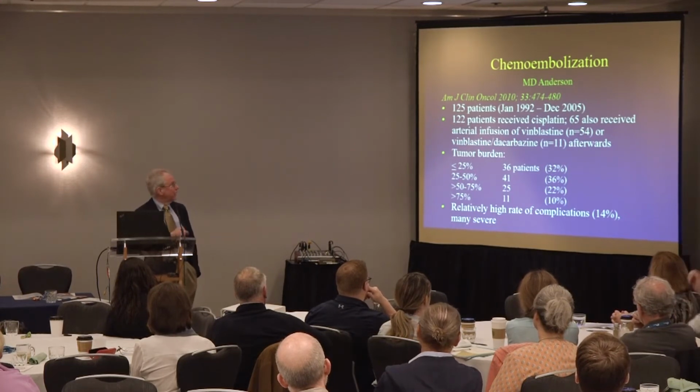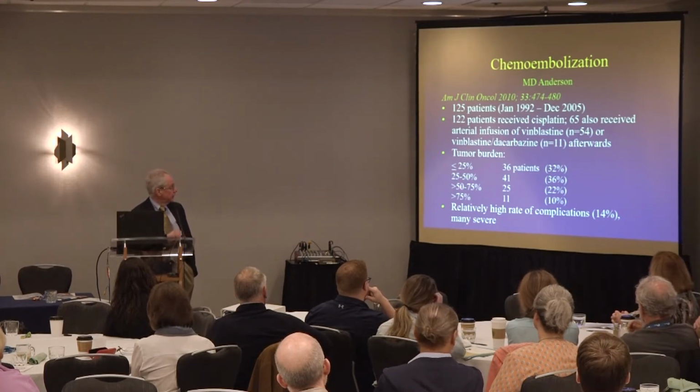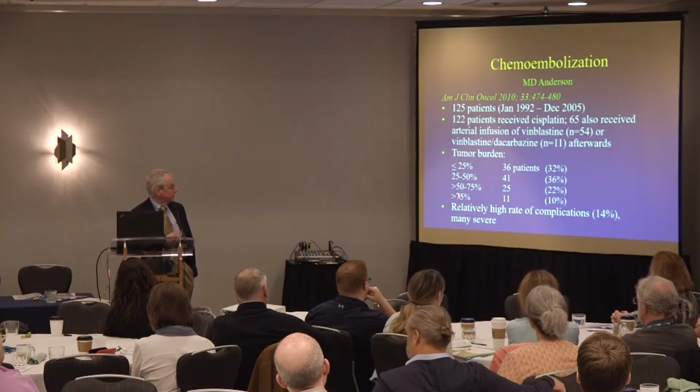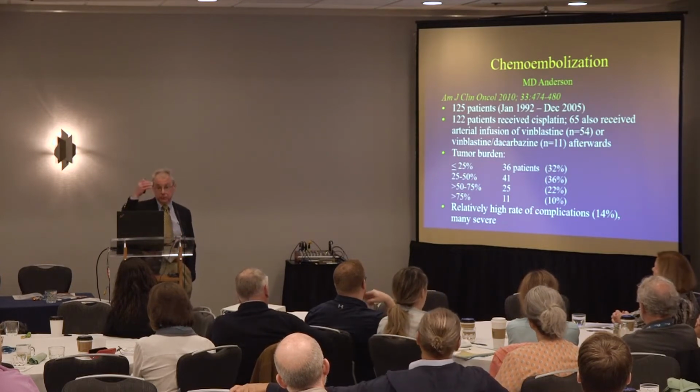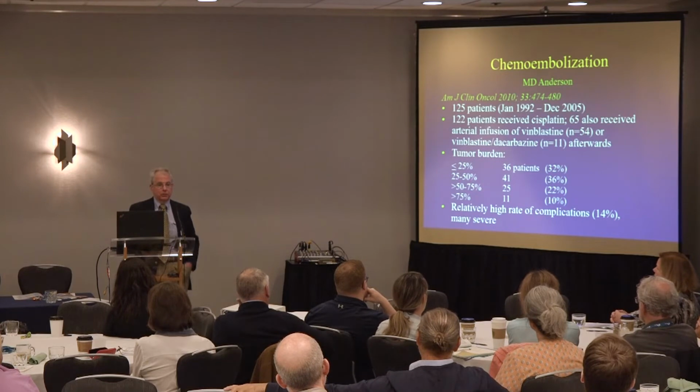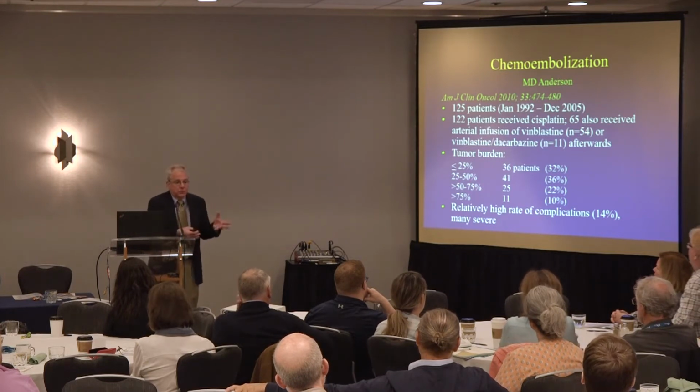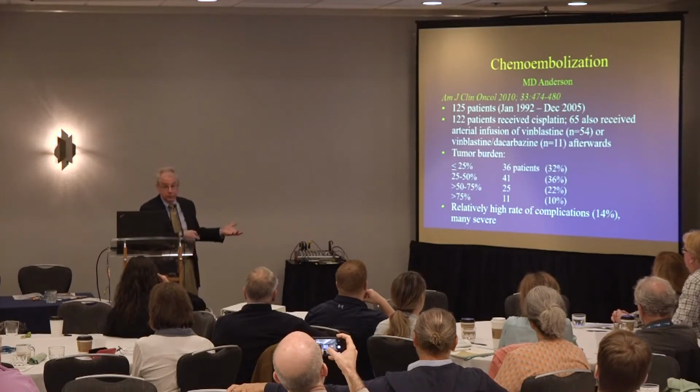One thing helpful about this article is, as we've been doing, stratifying patients based on how much tumor you have, because a lot of these older articles, if they have a dozen patients, it's everyone with uveal melanoma gets lumped together, and the person with one tiny 1 centimeter tumor is very different from someone with much of the liver replaced by tumor.